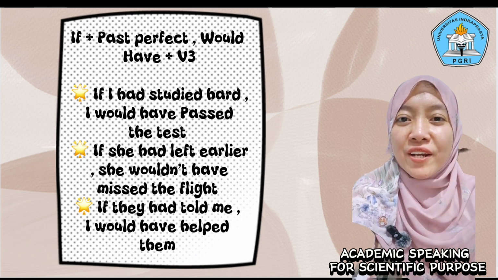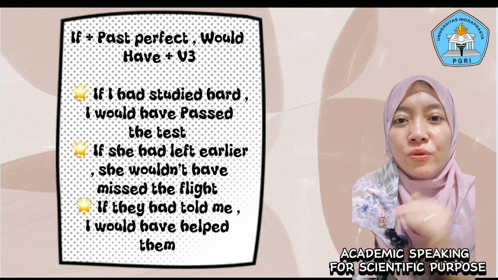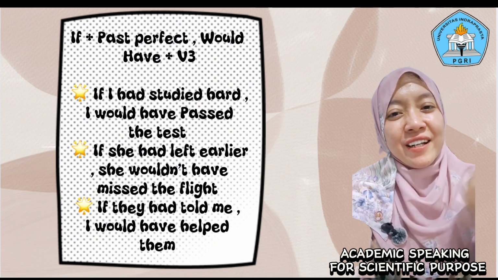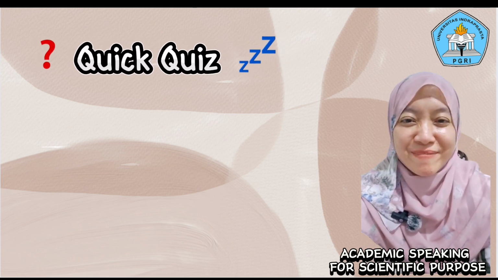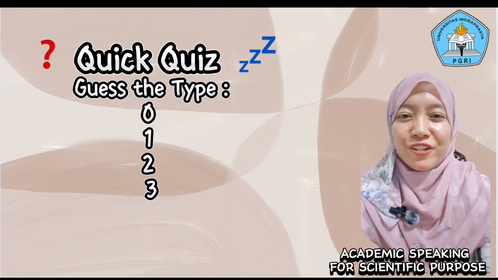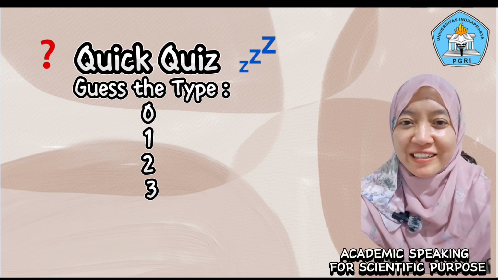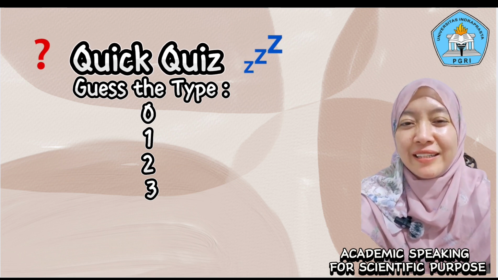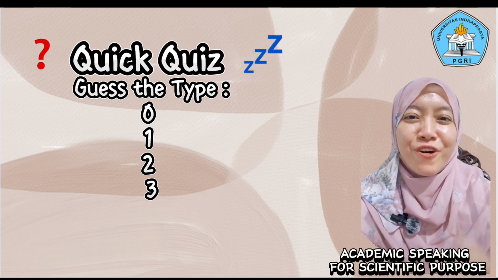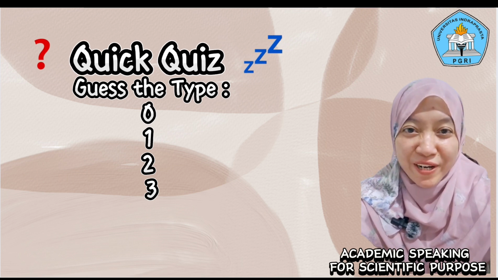Now, are you ready to try some exercises with all these conditionals? Let's go. Alright, everyone, it's quick quiz time! Yay! I'm going to read some sentences and I want you to think about which conditional type each one is. Is it type 0, type 1, type 2, or type 3? Are you ready for this?